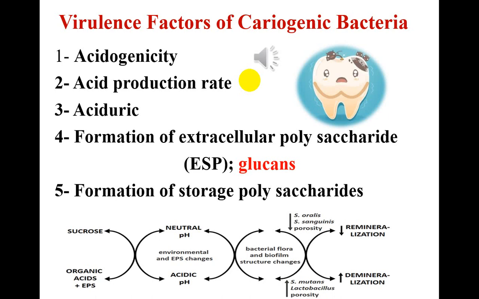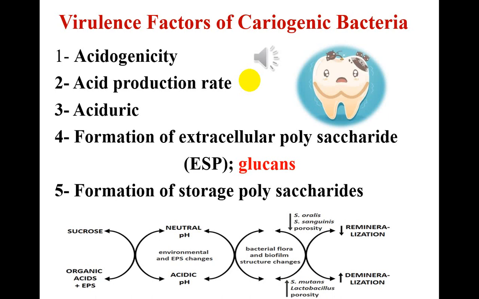The final virulence factor of cariogenic bacteria is their ability to form a storage of polysaccharide. These bacteria may have the ability to convert a portion of sugar, if present in excess, to intracellular storage polysaccharides.